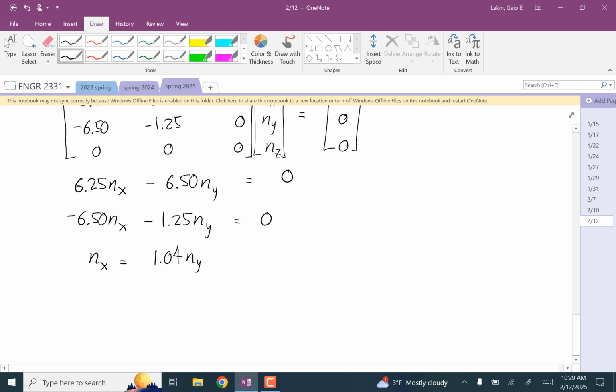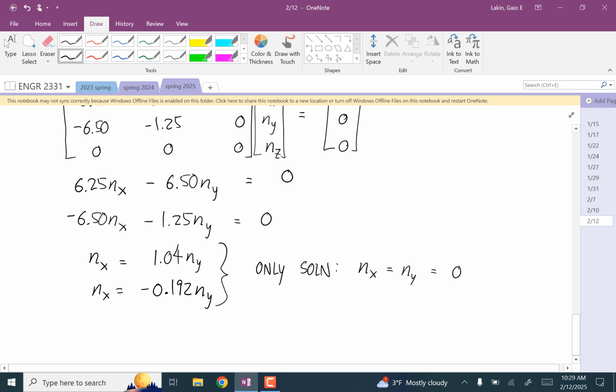Now do it again for the second one. It says nx is equal to negative 0.192 ny. So the only solution to this is nx equals ny equals 0.